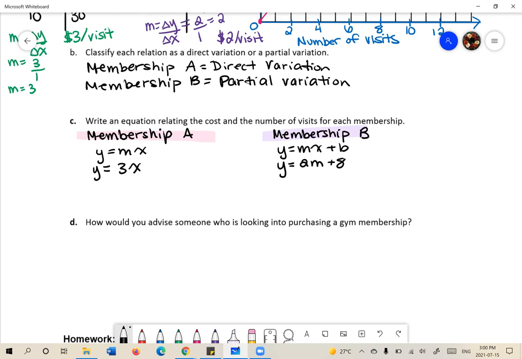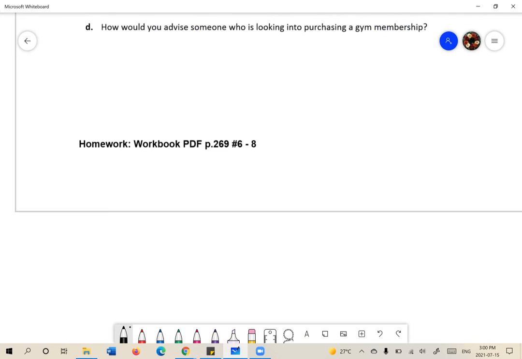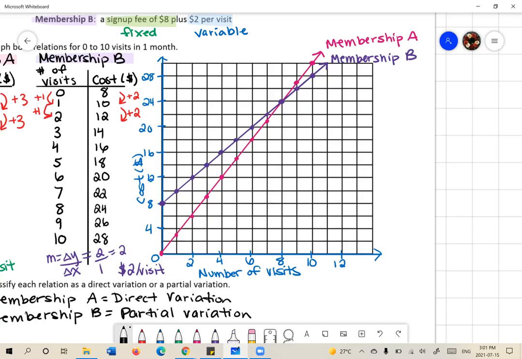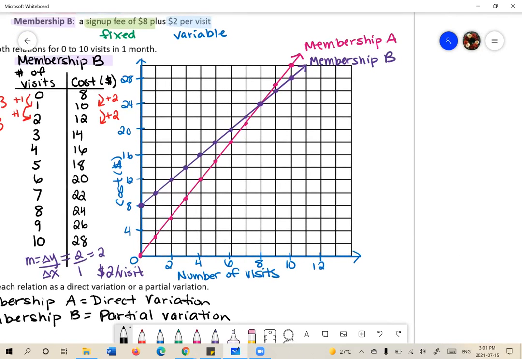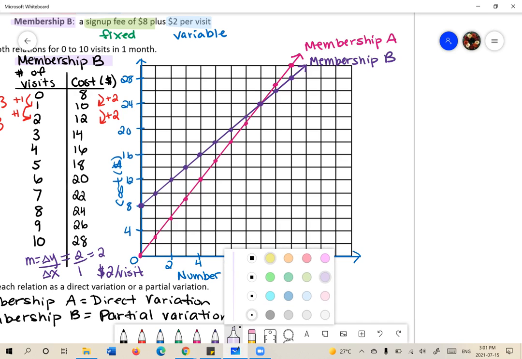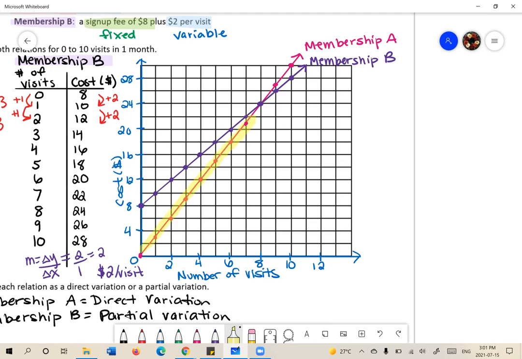Last question. How would you advise someone who is looking into purchasing a gym membership? Let's first look at the graph. Membership A and membership B. Membership A starts off cheaper than membership B. I know that because membership A's line is underneath membership B's line up until 8 visits. At 8 visits, they intersect. They both share the point (8, 24).